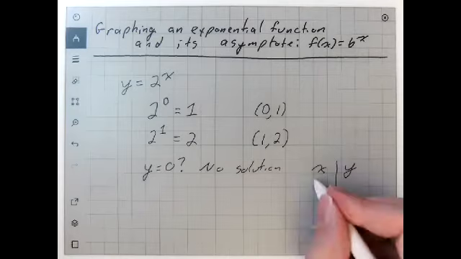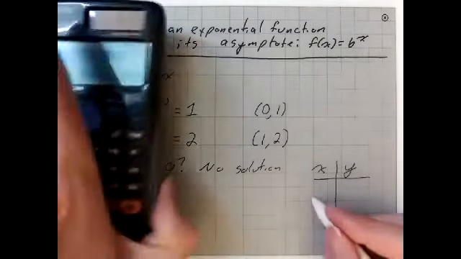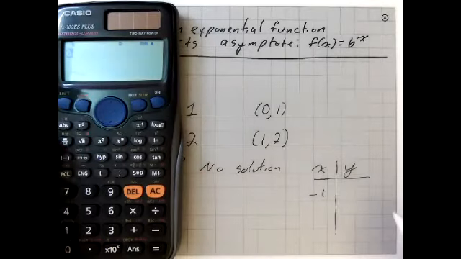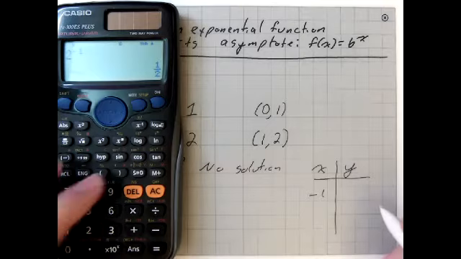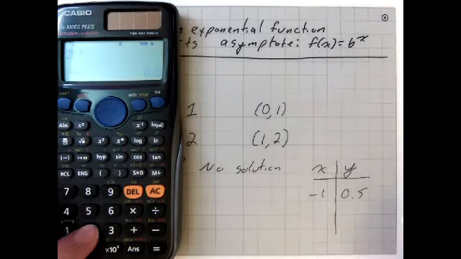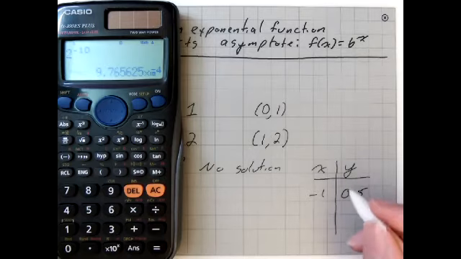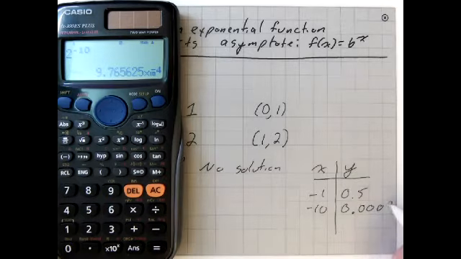Just throwing a couple of numbers in. If we take 2 raised to the negative 1 power, we get 1/2, 0.5. If we take 2 raised to the negative 10 power, we get 1 over 1,024, which is 0.0009.